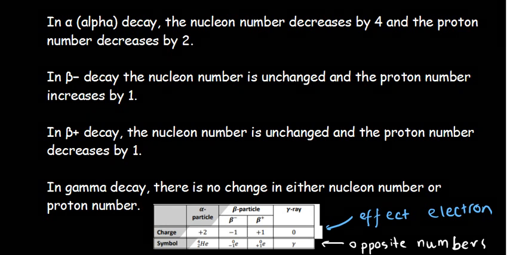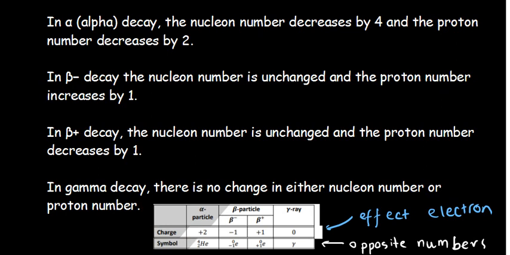See here, nucleon 4 would decrease by 4 because it will be negative 4. It's opposite numbers; it's changing the form. Helium has a positive 2, so it will minus 2. It will decrease by 2. So that's how you memorize it easily.